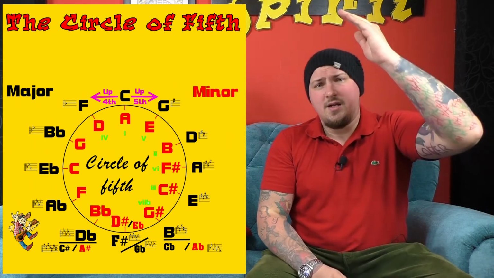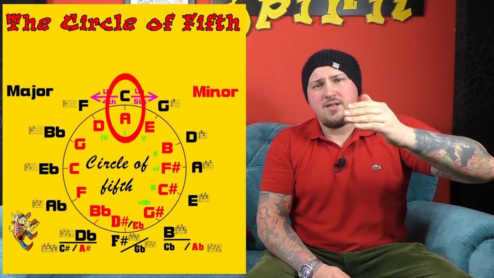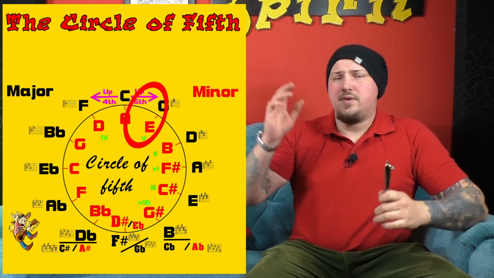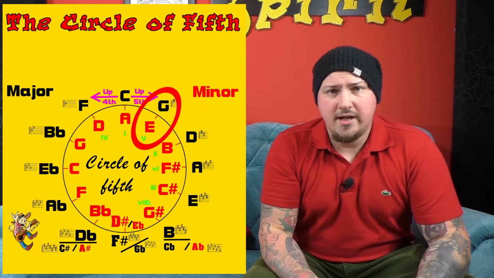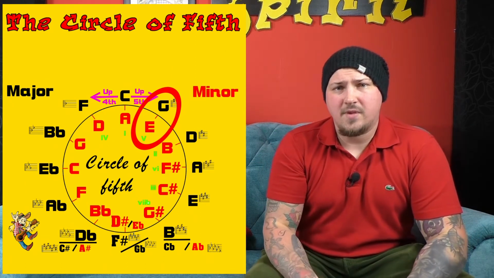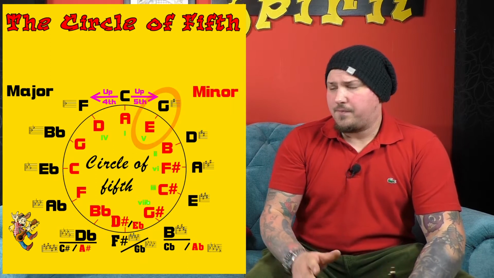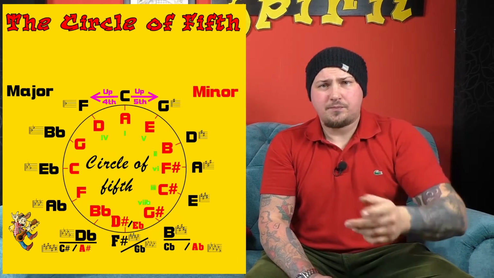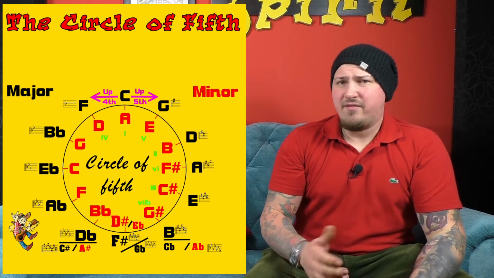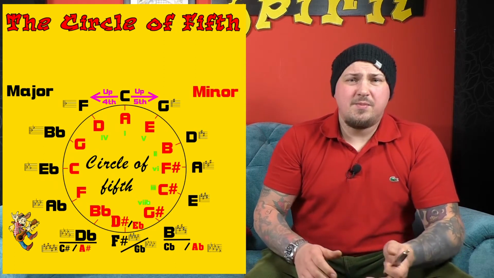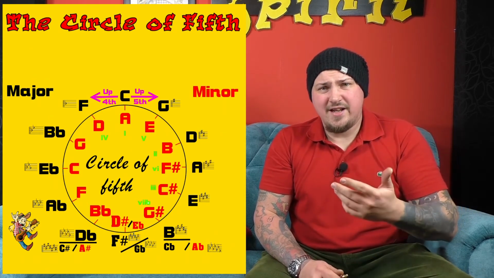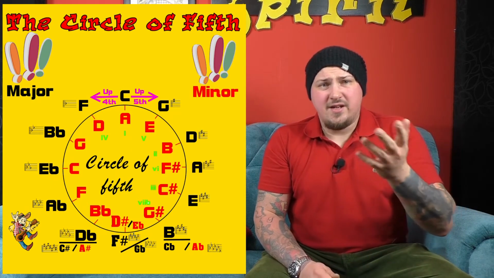For example, C major and A minor are relative, and E minor and G major. So it's every time the same thing, and this is the main thing the circle shows you. This is because in our Western music the most used scales are the major and the minor scale.